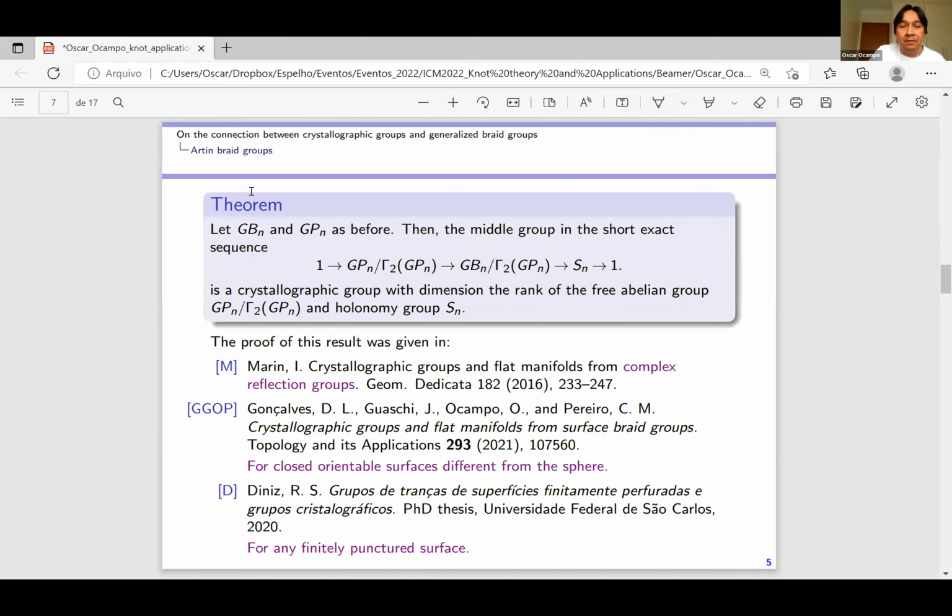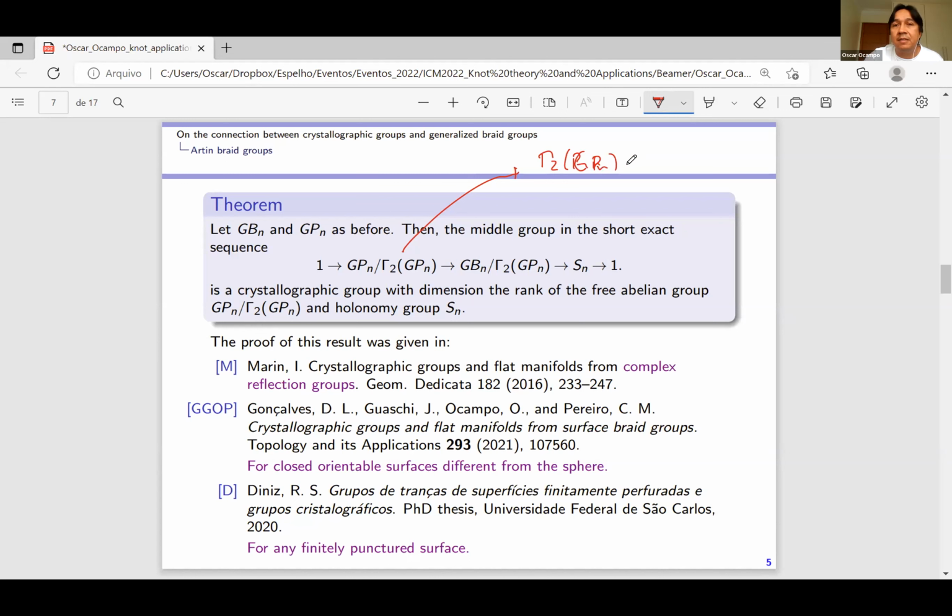So doing that, we have the following result. When you have this kind of generalization, this is the total group, this is the pure counterpart, and you may consider this short exact sequence. Here, for me, gamma 2 of Pn or GPn means the commutator subgroup.